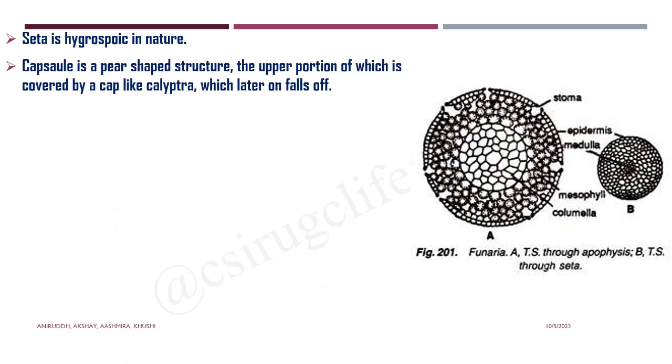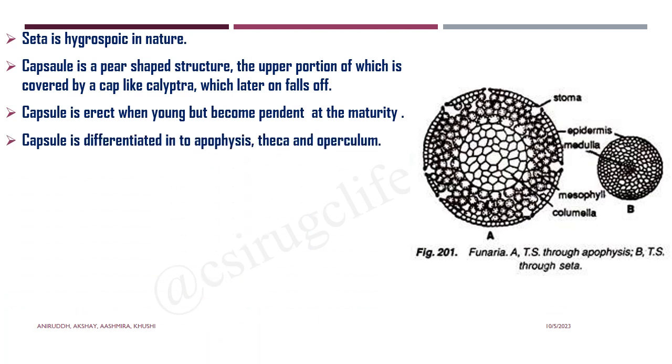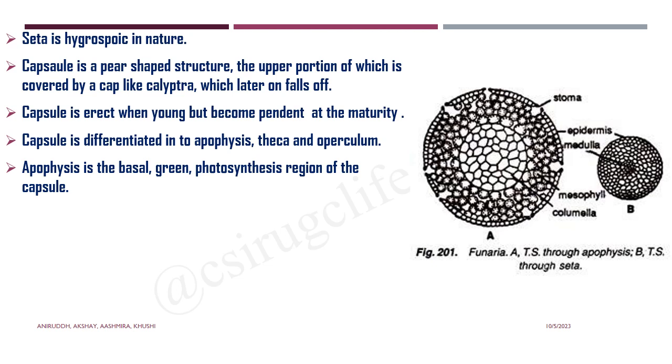The capsule is a pear-shaped structure, the upper portion of which is covered by a cap-like calyptra, which later on falls off. The capsule is erect when young, but becomes pendant at maturity. The capsule is differentiated into apophysis, theca, and operculum. The apophysis is the basal, green, photosynthetic region of the capsule.